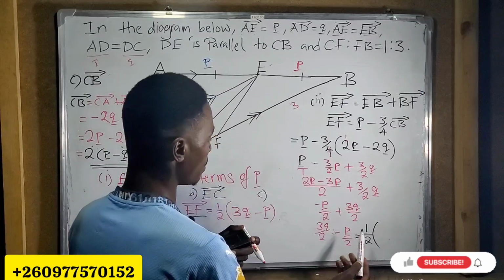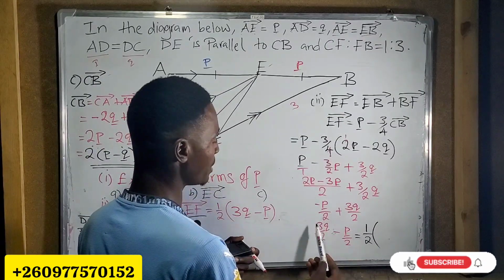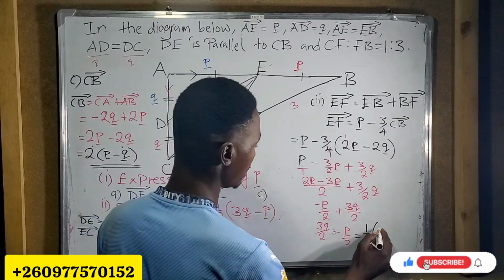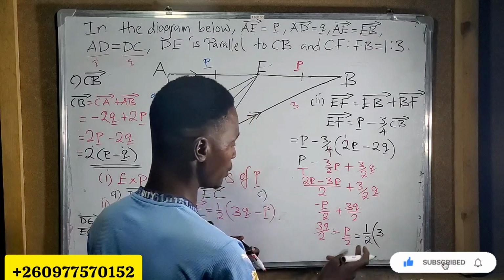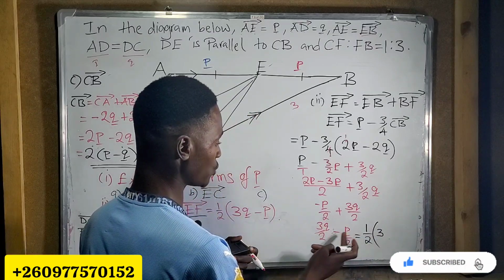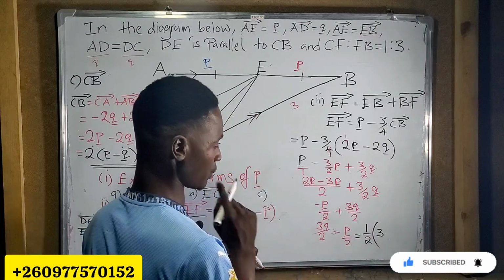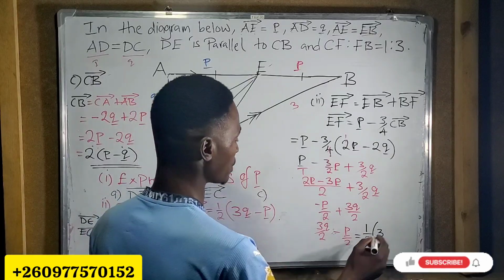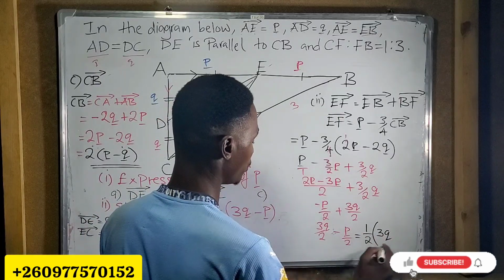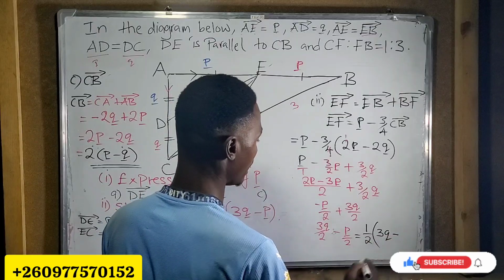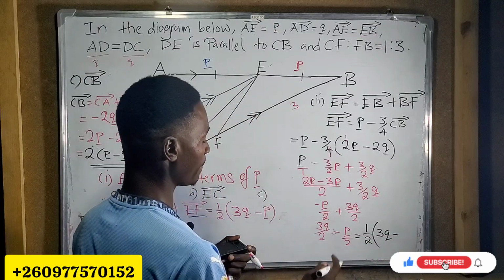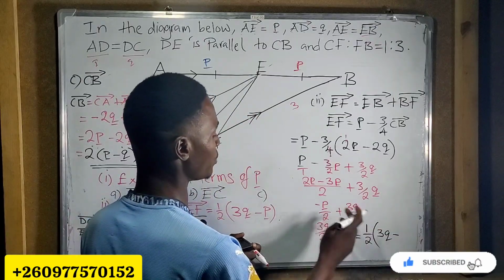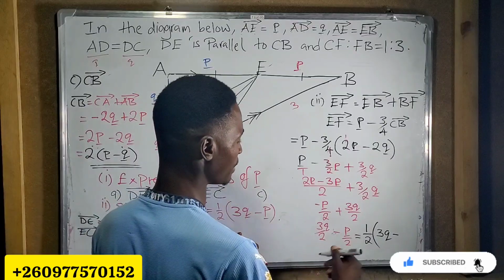Then 1 into 3, it is 3 times Q. 2 and 2 will cancel. Are we together? 2 and 2 will do what? Will cancel. So we remain with Q minus, half into half. Half into half is just half.